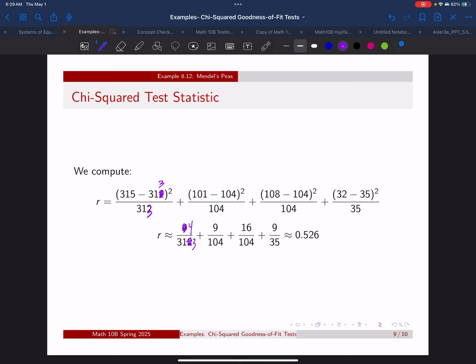Let's see here. What is the R going to be? Plus 0.51, so change this to 0.510. That's our R. And what about our distribution?